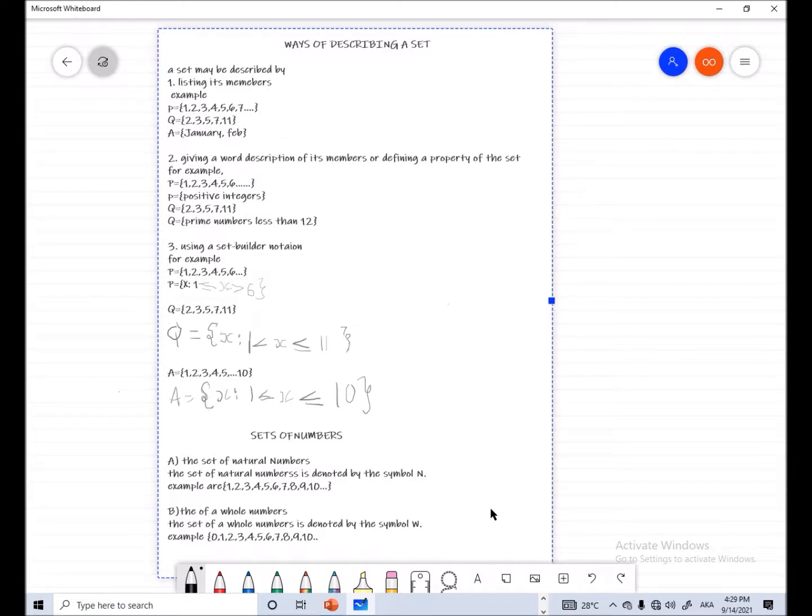Write it down: what is the difference between a natural number and a whole number? The difference is that when we are listing whole numbers, we can have 0 as a whole number, till infinity. But natural numbers start from 1. That's the only difference.